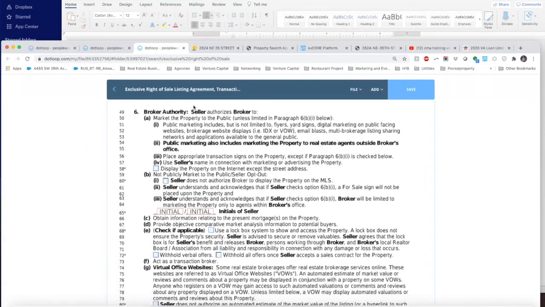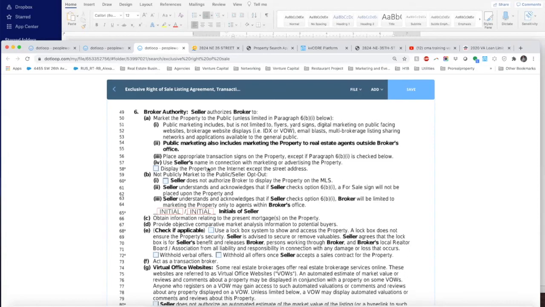Number 6 is broker authority. Seller authorizes broker to market the property to the public. Public marketing includes but is not limited to flyers, yard signs, digital marketing on public websites, brokerage websites, etc. Public marketing also includes marketing the property to real estate agents outside the broker's office. Place appropriate transaction signs on the property except if checked below.